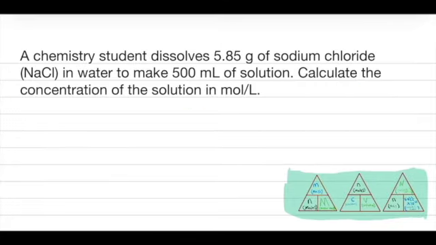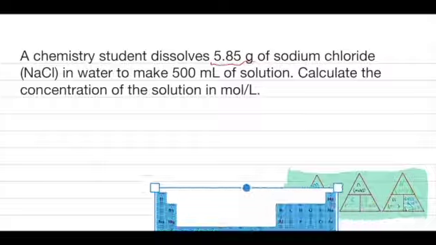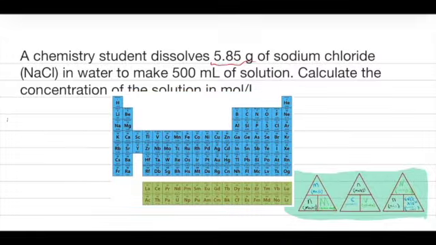This is a slightly trickier question because there are multiple things you need to pay attention to. So, a chemistry student dissolves 5.85 grams of sodium chloride in water to make 500 ml of solution. Calculate the concentration of the solution in mole per liter. We have mass, so let's find moles. And how do we do that? We need to find the MR of NaCl.